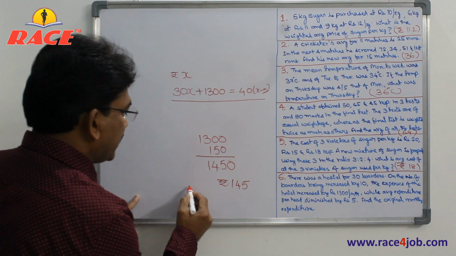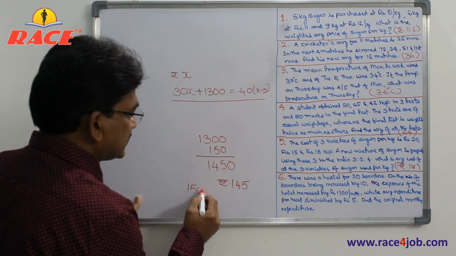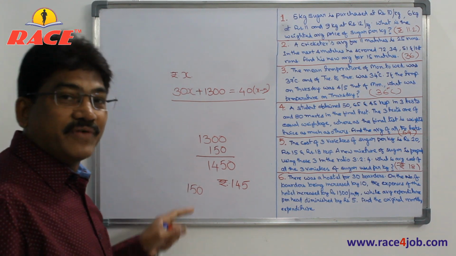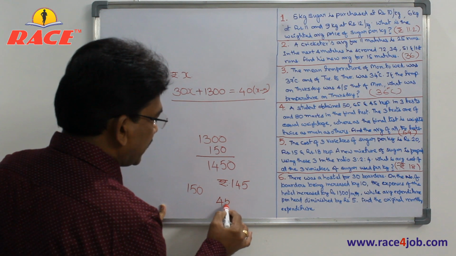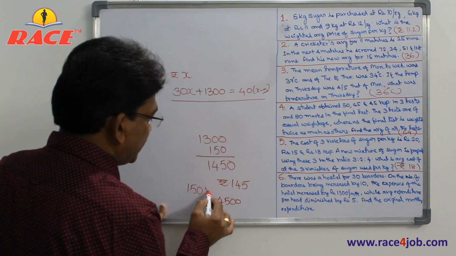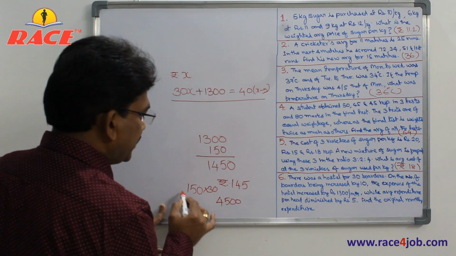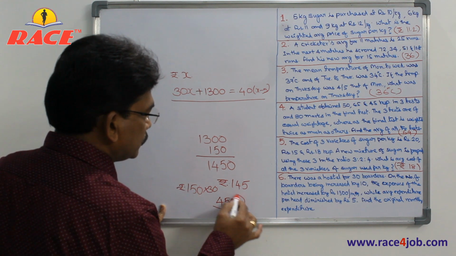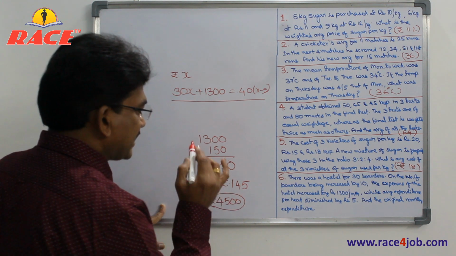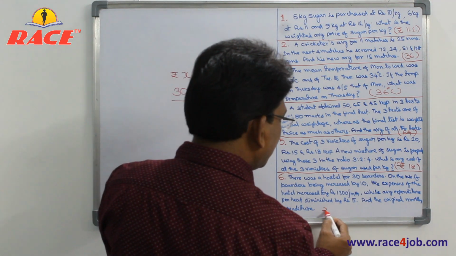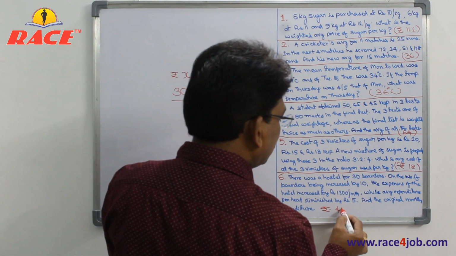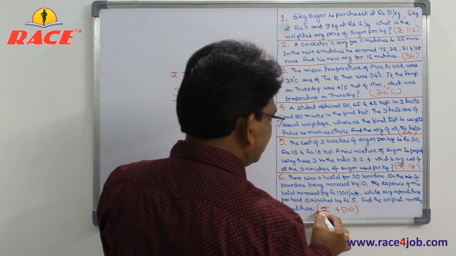Earlier they were paying 150 rupees. For 30 students, 30 into 150, 4500 is the expenditure, which is our answer. The original monthly expenditure is 4500 rupees.